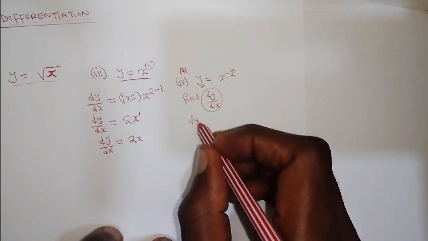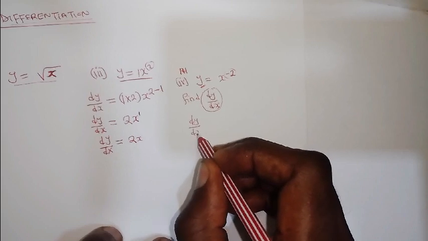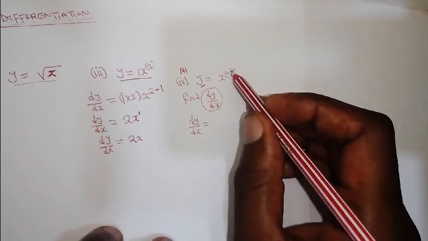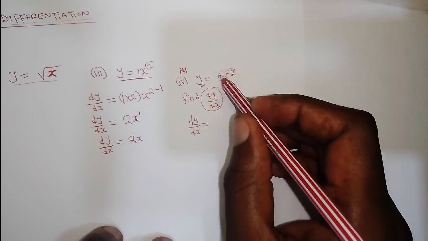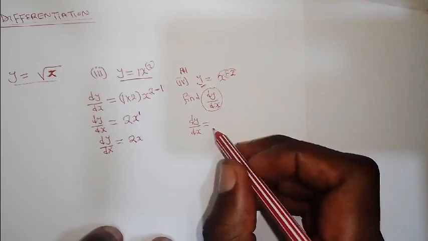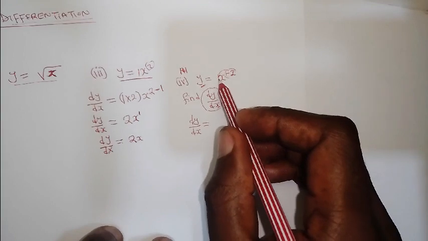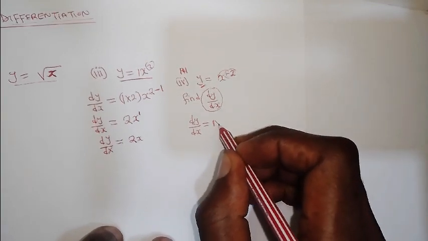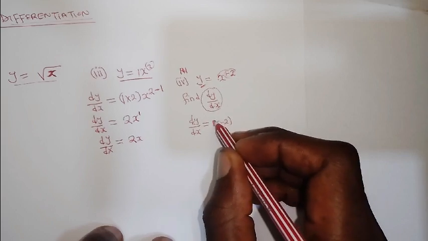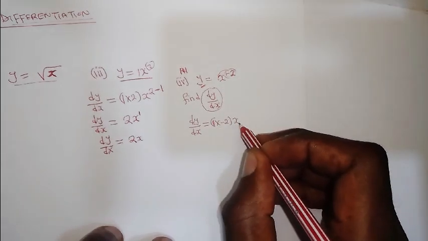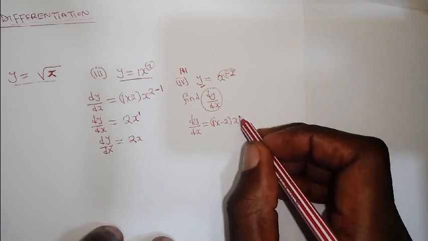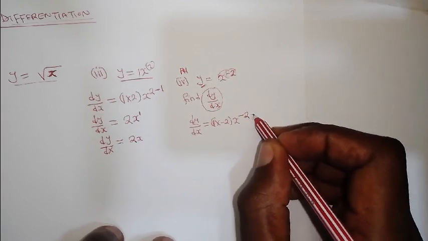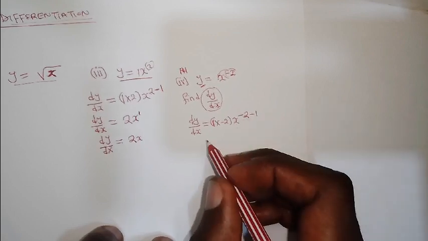So now dy over dx will be equal to: this power is going to multiply with the coefficient of x. In this case there is just 1 there, meaning we are just going to say 1 multiplied by negative 2, and then you bring down that x, and the power reduces by 1. So this power is negative 2 minus 1.